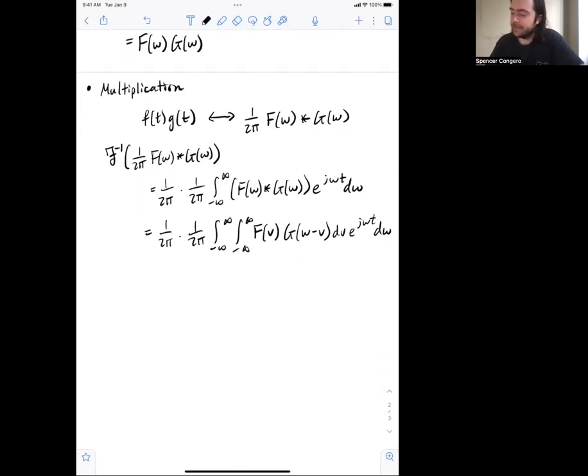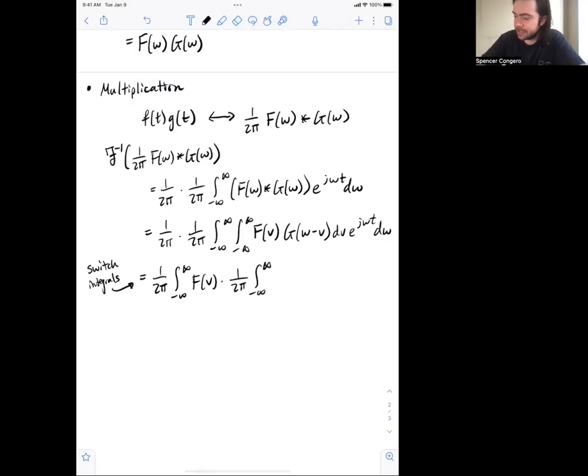So this is what we have. Now I'm going to switch the integrals again, just like we did above. So what do I get? Well, I'm going to have a 1 over 2 pi. Now I'm going to have an integral, and instead of being the d omega integral, this is now the dv integral. And so I can bring this F of v outside. Now I'm going to bring one of those 1 over 2 pi's inside.